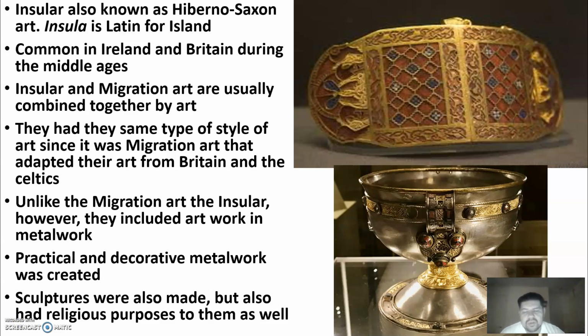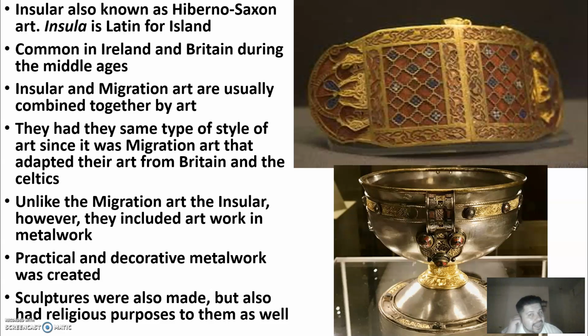In the last video, we talked about the migration artwork, which is the Germanic tribes coming into the British countries in the Celtic area and fusing their artwork. Insular is basically the same thing, with just a subtle little difference. Insular is also known as Hiberno-Saxon art.